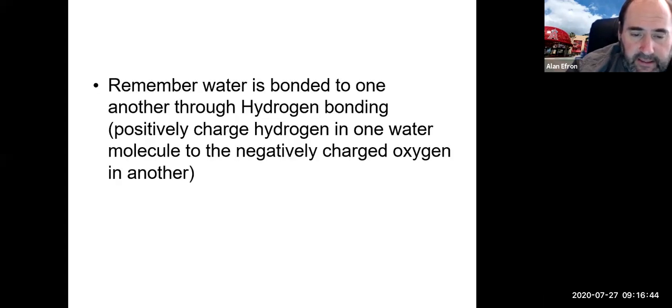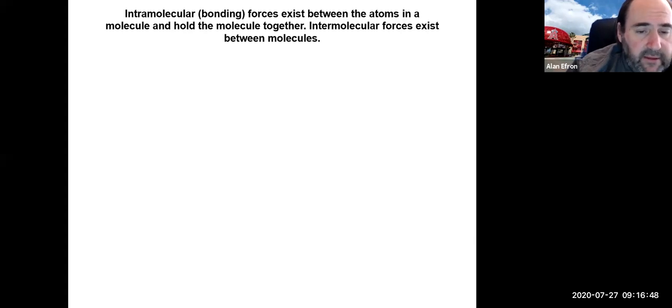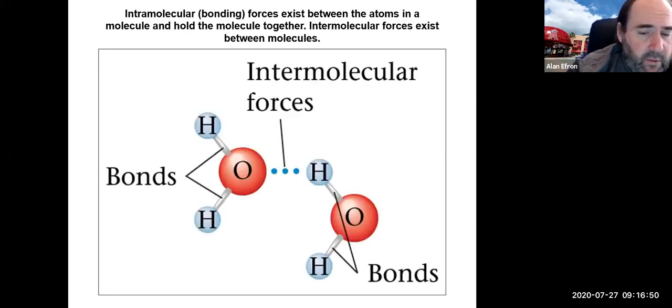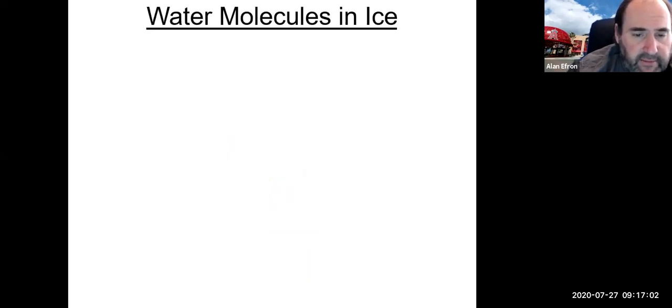And hydrogen bonding is basically that positive-negative attraction between the positive hydrogen in one molecule and the negative oxygen in another, the classic opposites attract. It's our relatively strong intermolecular force, hydrogen bonding.